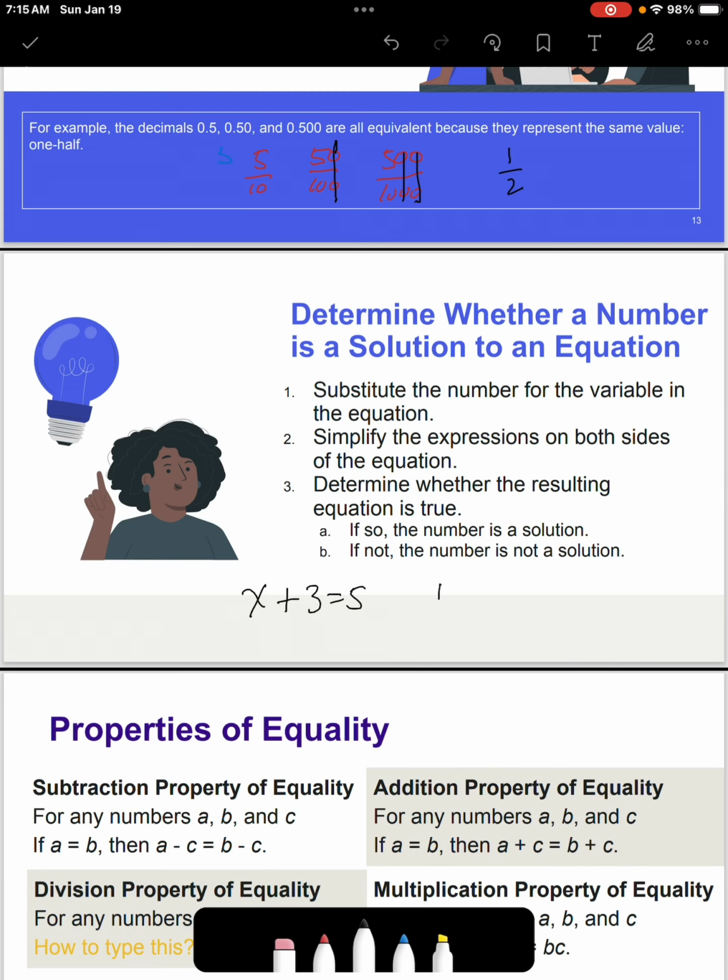And my question is, is x equals 3 a solution? So what I'm going to do is take the 3 and plug it in over here into the x. So I'm going to go 3 plus 3 equals 5. So this is 6 equals 5. That is false. So x equals 3 is not a solution.